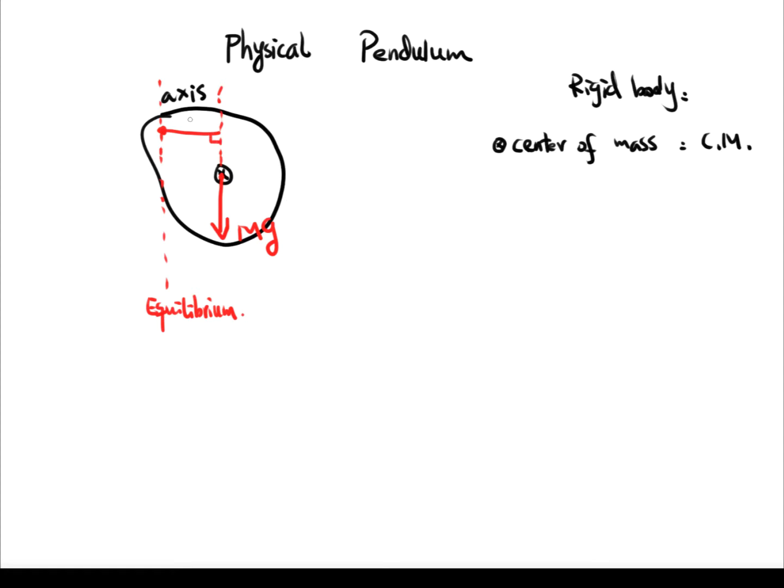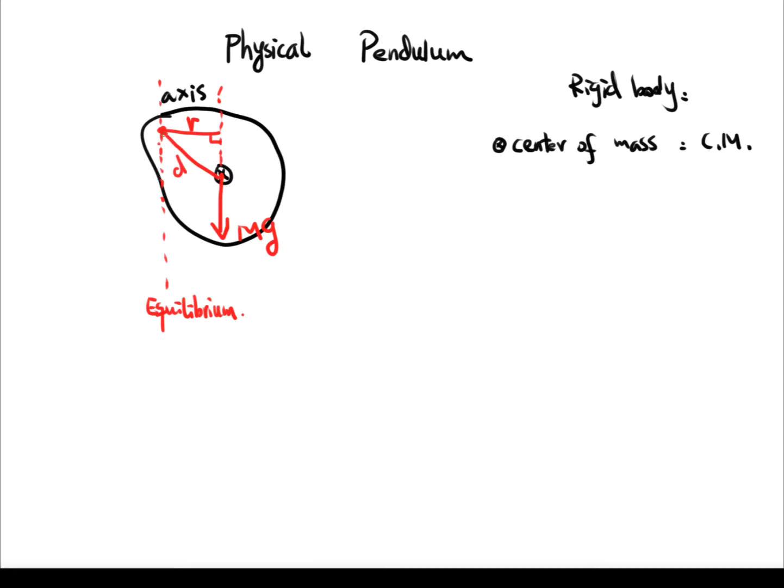This distance is the lever arm. Let's call it R. Now we have another distance here. I want to use the symbol d for the distance between the rotation axis and the center of mass. So this distance is d.